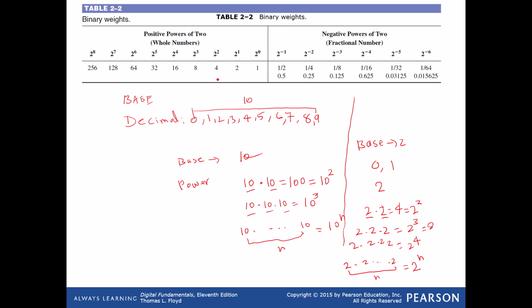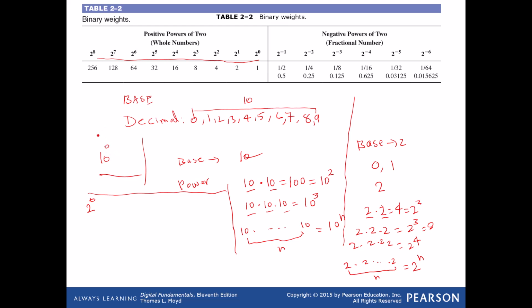This is what is meant here in this part. Then the question is, what happens if we have 2 to the 0? We know what 2 to the 1 and 2 to the 2 mean, but what about 2 to the 0, or in the decimal, 10 to the 0?